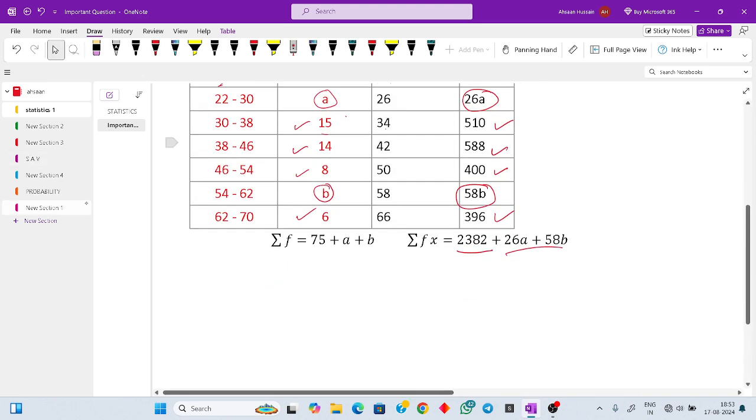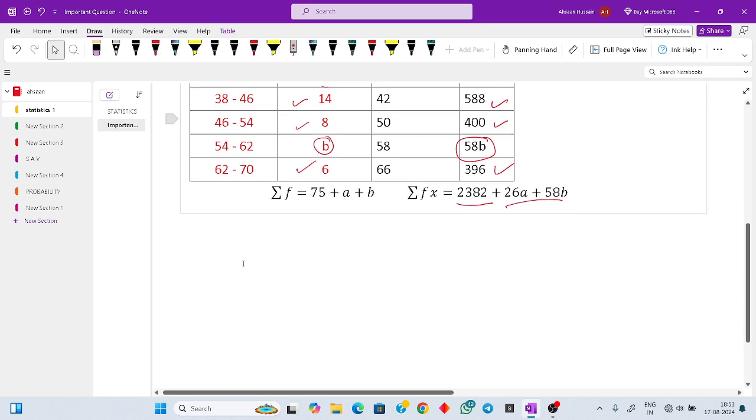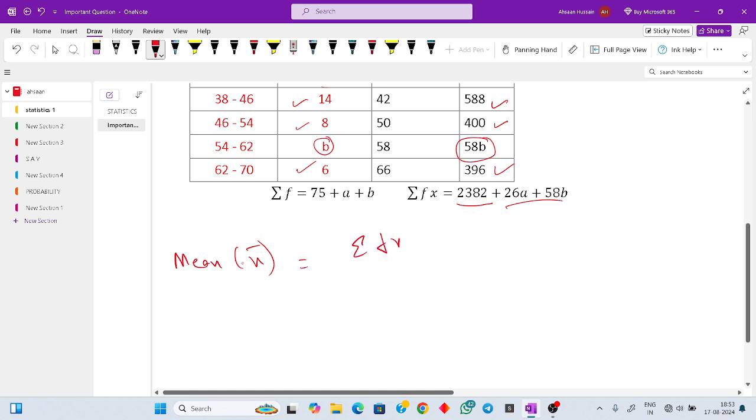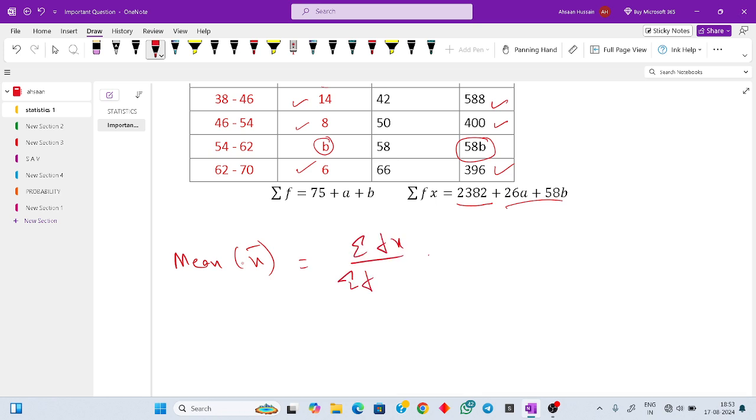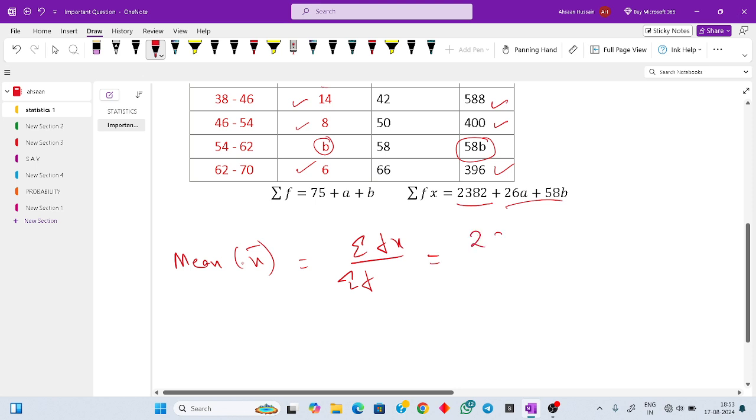So what is the formula of mean by direct method? So mean equals to summation fx by summation f, that is 2382 plus 26a plus, sorry, that's not right here.